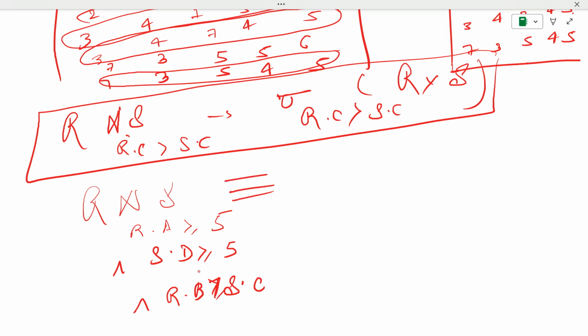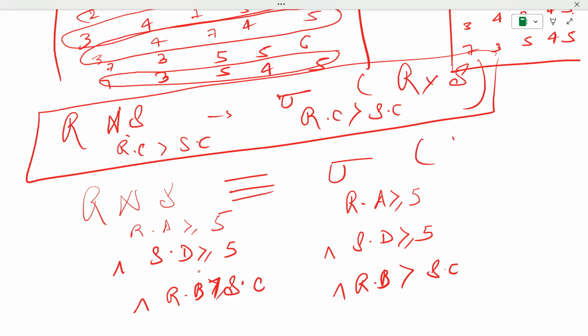So it will simply be equal to applying the predicate condition such that R.A greater than or equal to 5 and S.D greater than or equal to 5 and R.B greater than S.C, and this is applied over the cross product of R and S.